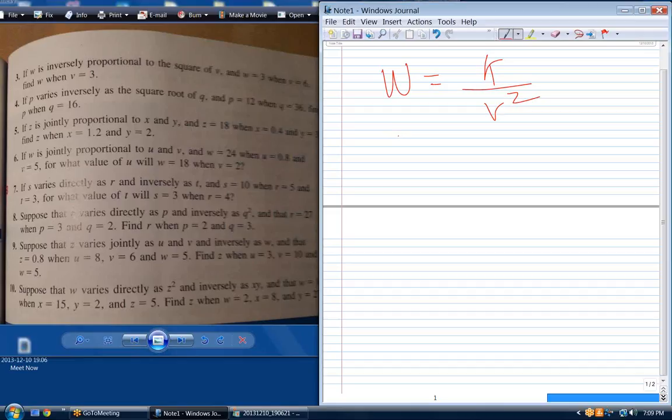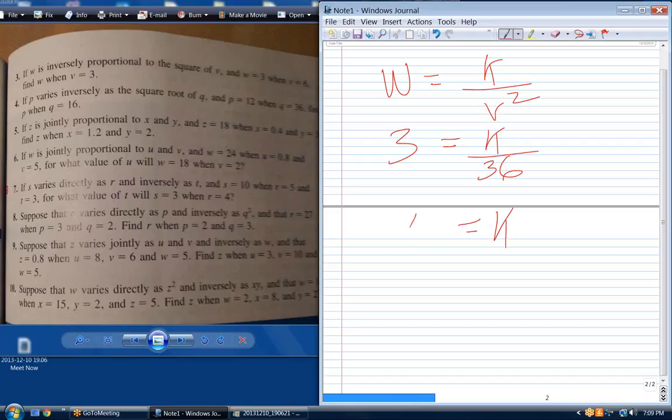3 equals K divided by 36. So what is K equal to? K is equal to 108. Now what is my specific formula for this problem?